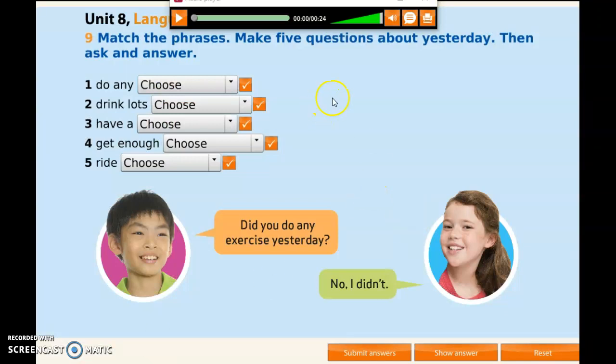So here are the phrases. Do any exercise, drink lots of water, have a healthy lunch, get enough sleep, ride my bike.